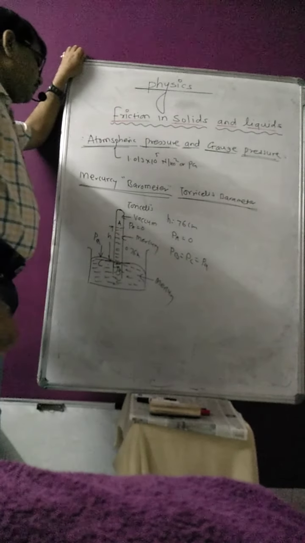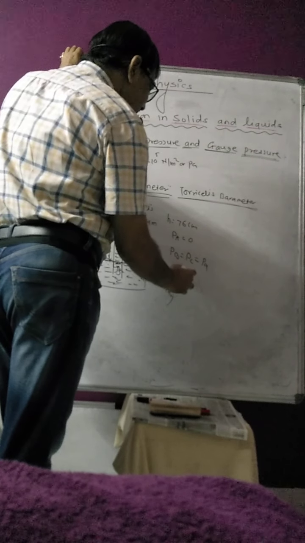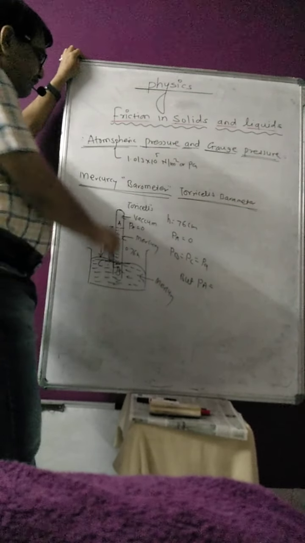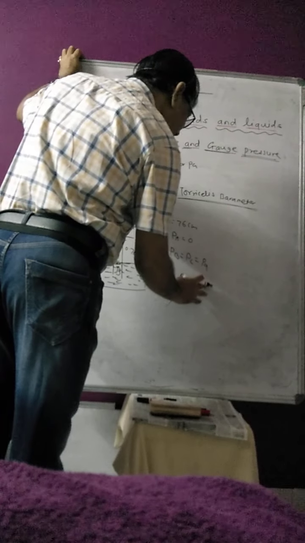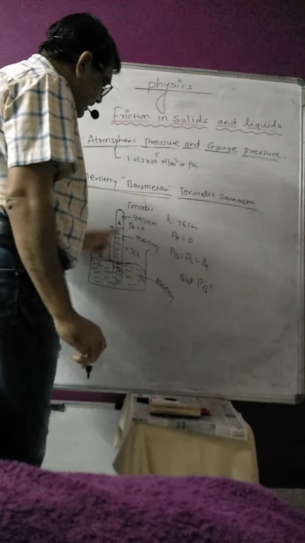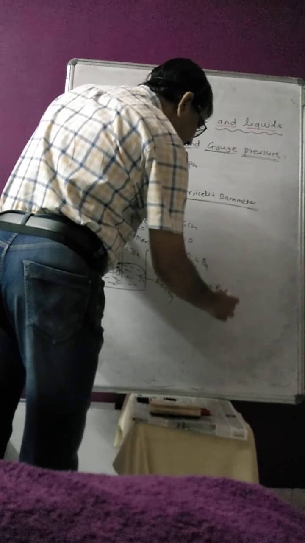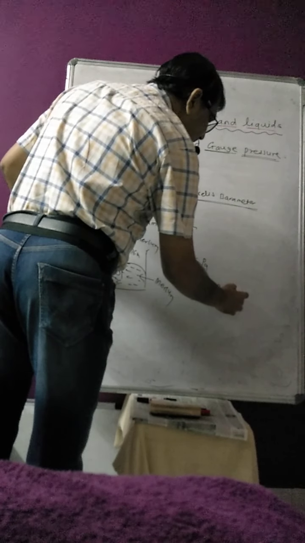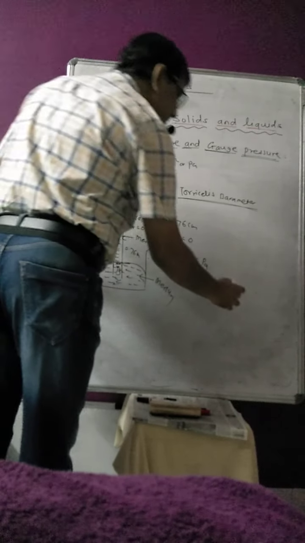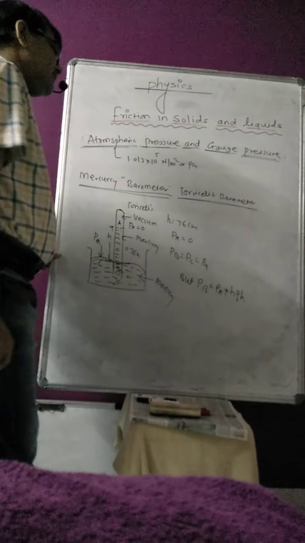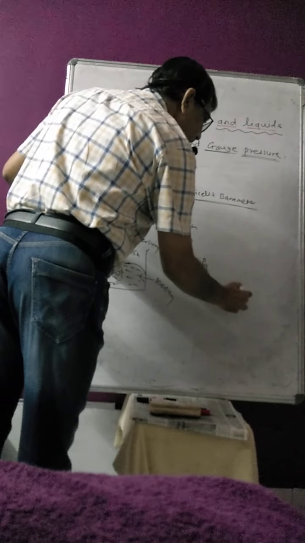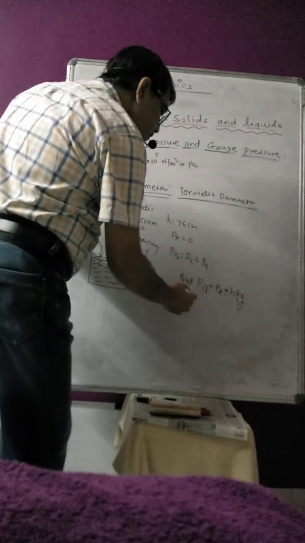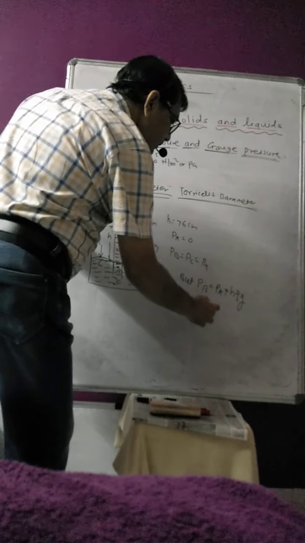Okay, now pressure at B can be calculated by using the formula: pressure at A plus pressure due to the liquid column, that is pressure due to the mercury column, so that is H rho G. Okay, but pressure at A will be 0, so therefore pressure at B is equal to H rho G.